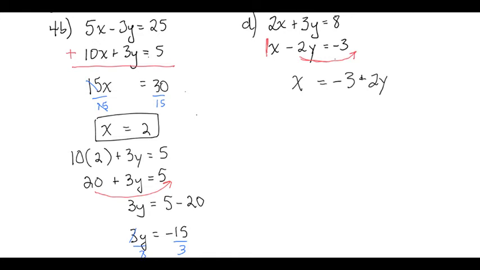We're going to use that value of x and substitute it into the first equation. You always have to go into the other equation that you haven't dealt with yet. So here we go, 2, and in place of x, we're going to put this amount, plus 3y equals 8. But -3 plus 2y is what's going to go in the bracket.